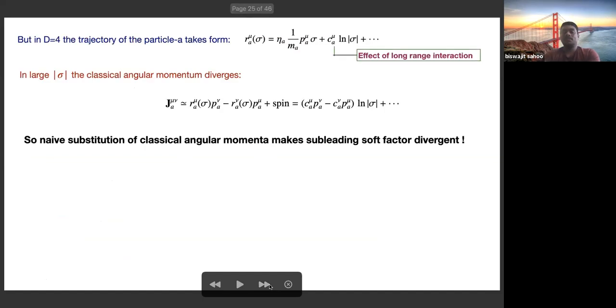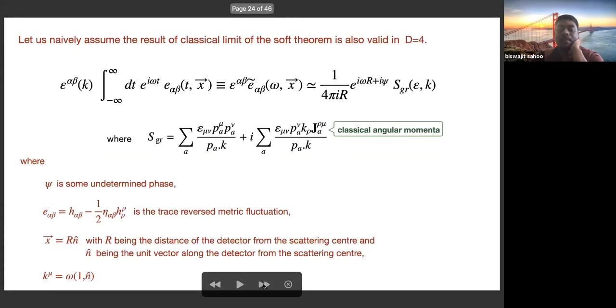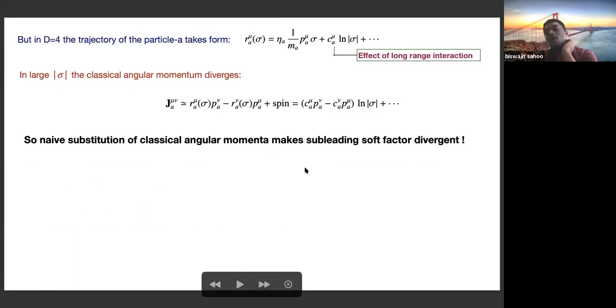So if we do this and try to see how it will look for d equal to 4, it turns out that in d equal to 4 the subleading soft factor diverges. Due to long range gravitational interaction, the trajectories are not moving on straight line trajectories at infinity, but receive a log sigma correction, where sigma is the proper time.